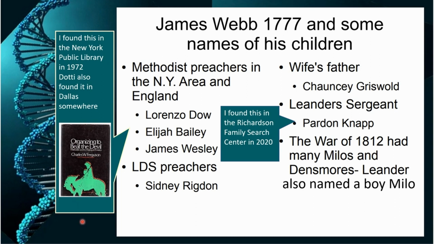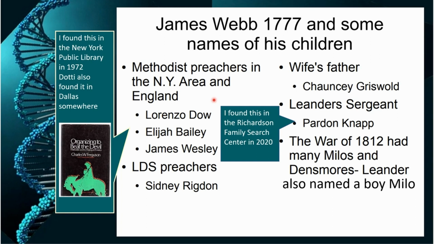They were circuit riders. And Lorenzo Dow was the most famous. These particular Methodist preachers were of the fire and brimstone type, very energetic on the platform when they preached, and they had huge crowds. Lorenzo Dow was such a famous preacher that almost all the women, their next son after they listened to him preach was named Lorenzo Dow.